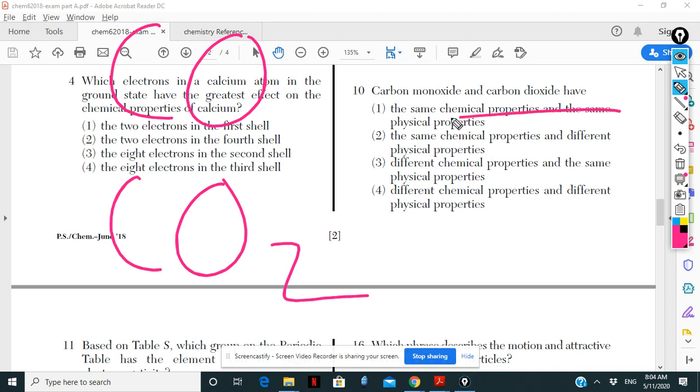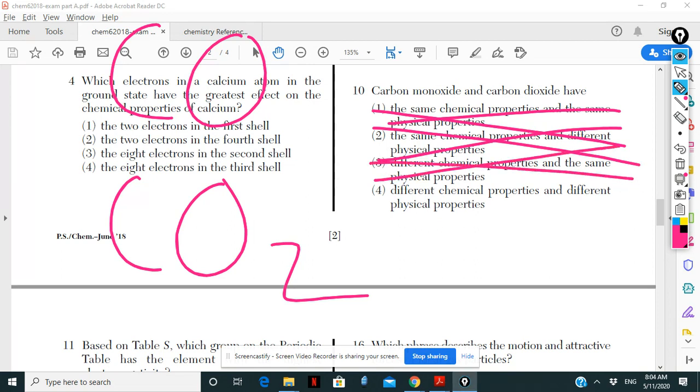No, because I have two different compounds. The same chemical properties and different physical properties? No. Different chemical properties and different physical properties? Yes, they are still different compounds. So the answer is different chemical properties and different physical properties.